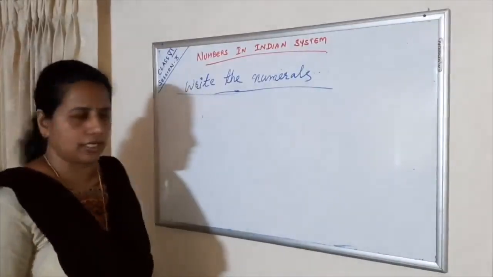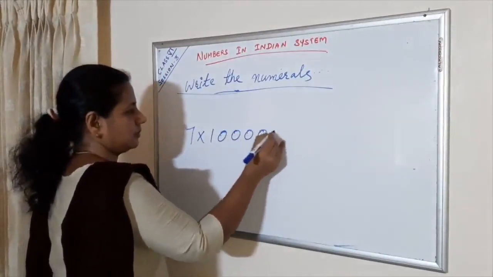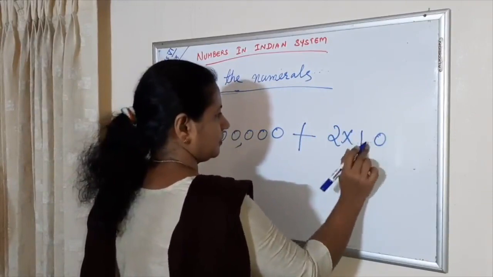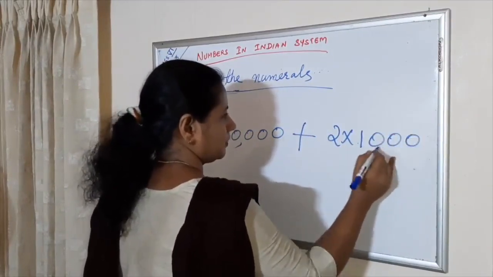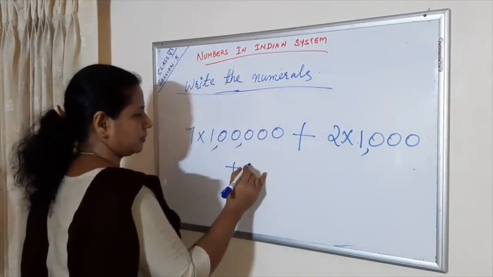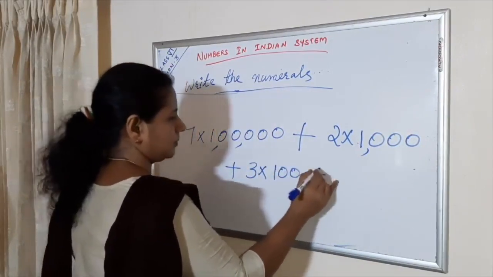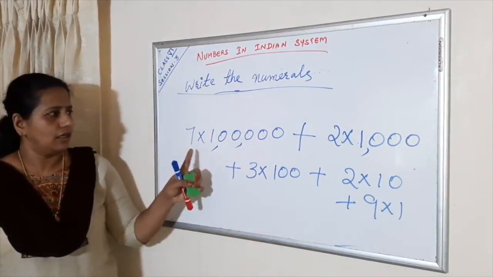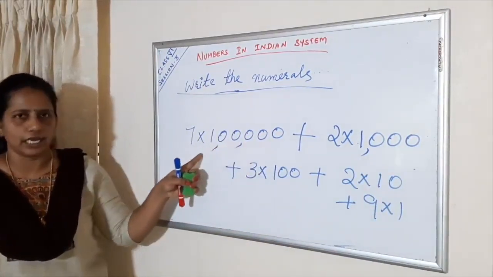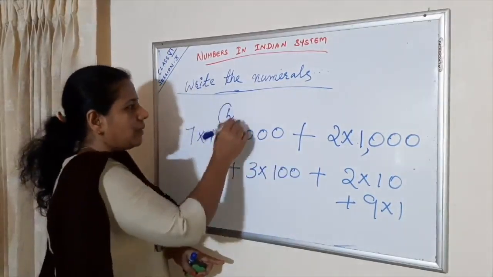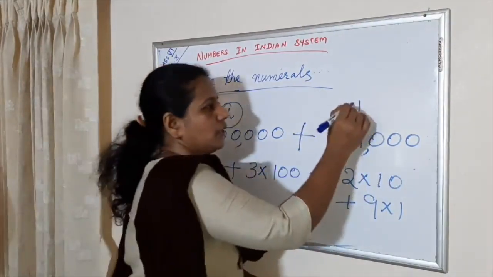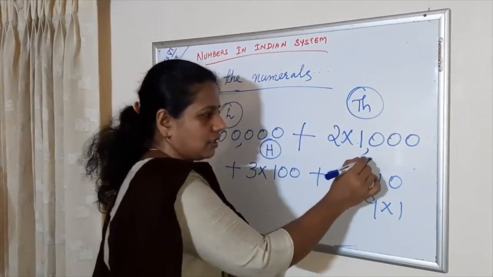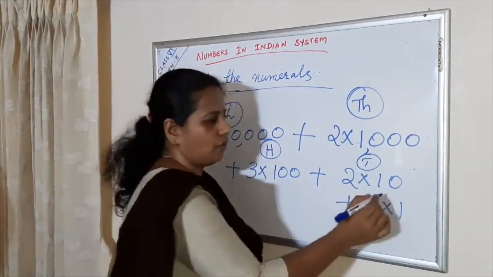Next one, write the numerals. The given expanded form is 7 into lakh plus 2 into 1,000 plus 3 into 100 plus 2 into 10 plus 9 into 1s.